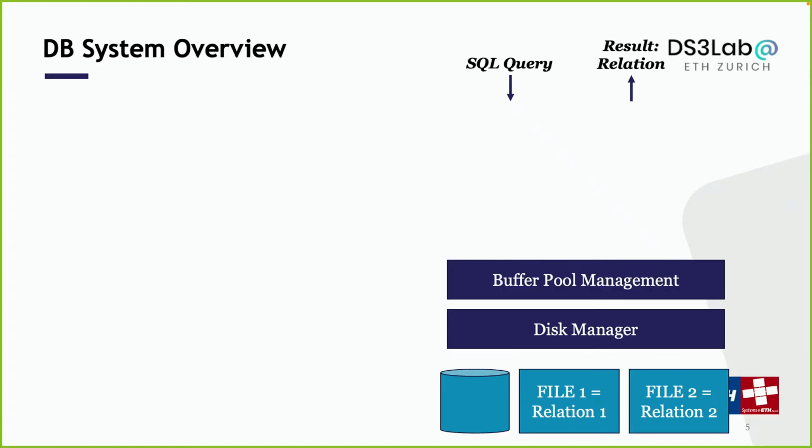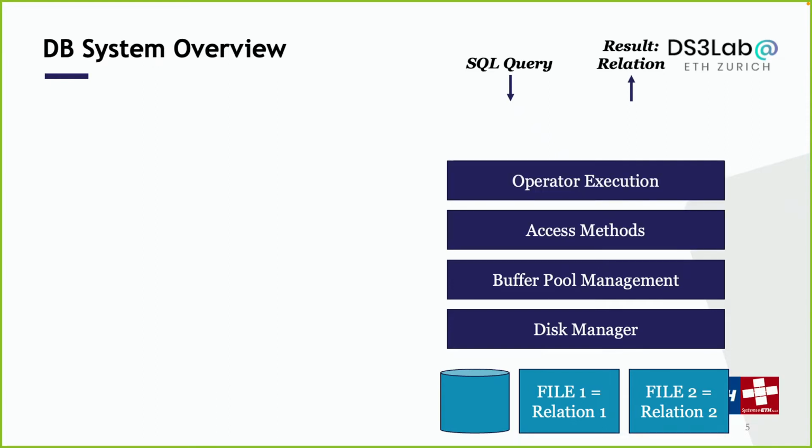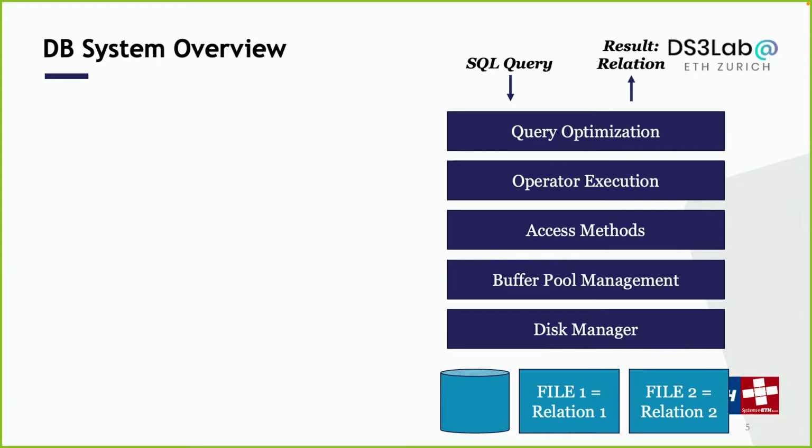Then you have a buffer manager, to give all the upper layers the illusion that your data is actually in memory, abstracting out the existence of the disk. Then you have access methods, then this operator execution layer, where you start to have those relational algebra operators. And then there's a query optimization layer, which takes as input the SQL query and outputs a relational algebra tree that you can actually run.